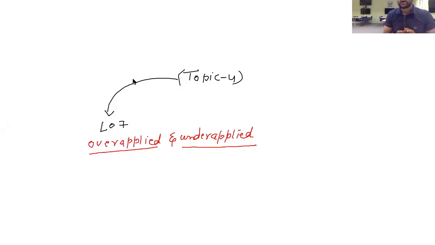We have to make budgets. You know that we have manufacturing cost, and manufacturing cost is a combination of 3 kinds of cost: direct material, direct labor, and overheads.